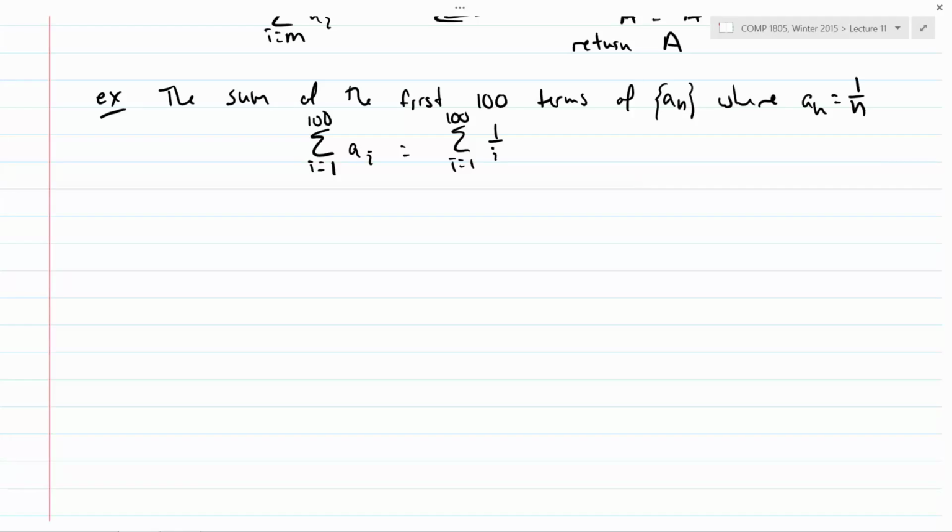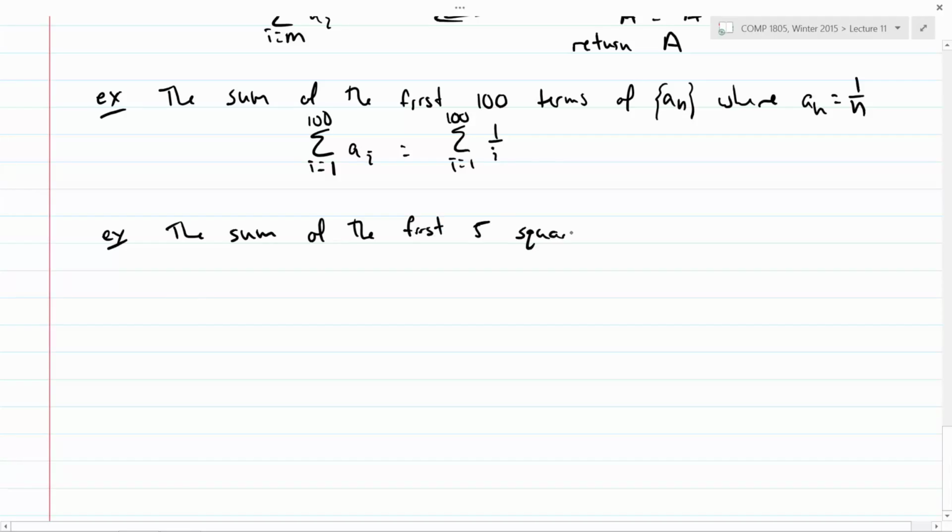All right. So let's see another example. In this one, we will actually work all the way to a number. The sum of the first 5 squares, starting at 1, say. Notice that I'm not explicitly giving you a sequence here, although there is this sequence that's implicit in the question.